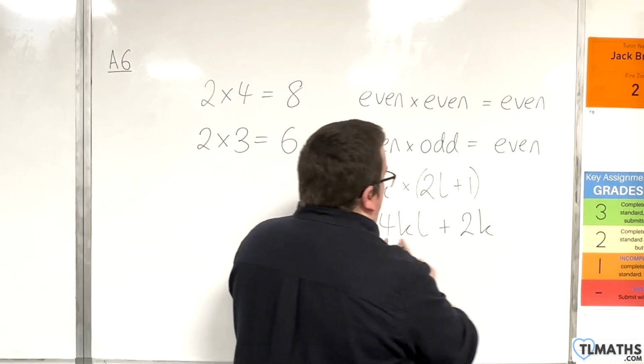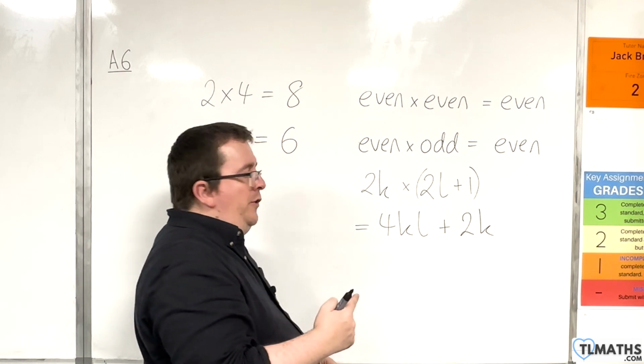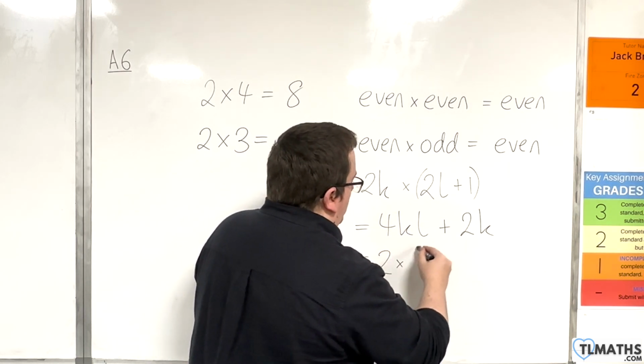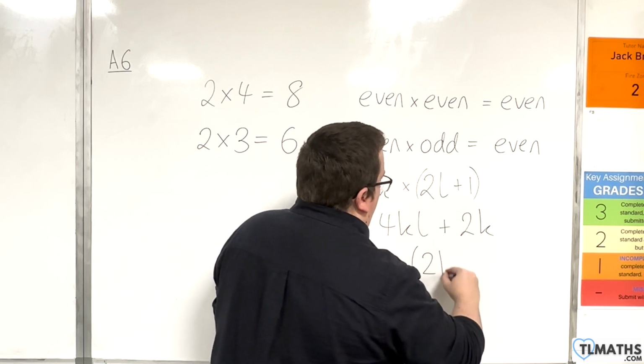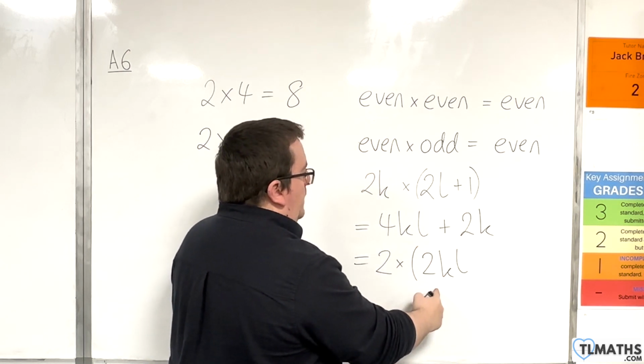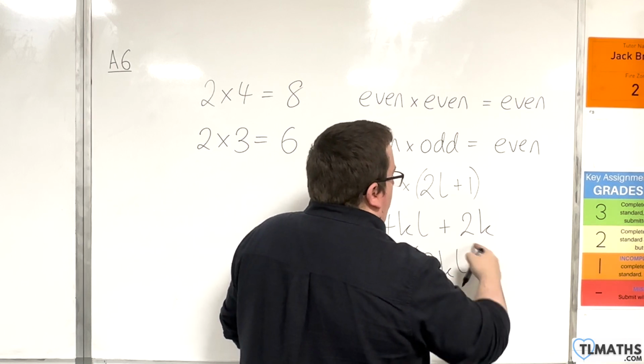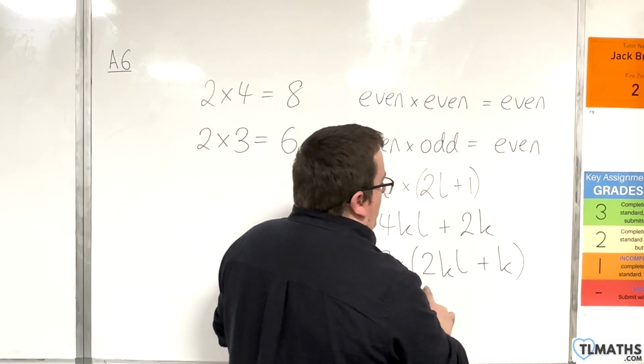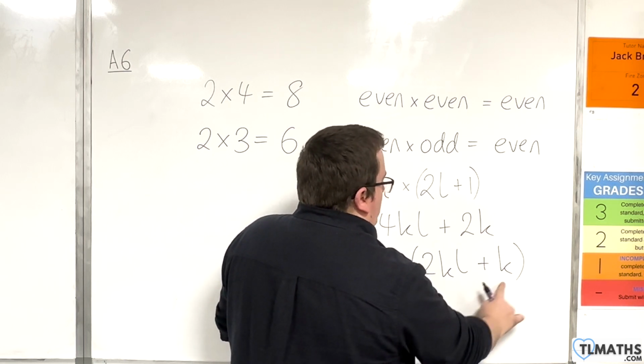Now, do you see that both of these terms have a factor of 2? I could factor 2 out of both of them. So I'd have 2 lots of kL from that term, and then divide 2k by 2, I'd just get the k. Now, because k and L are integers, I know that this is just going to be an integer.